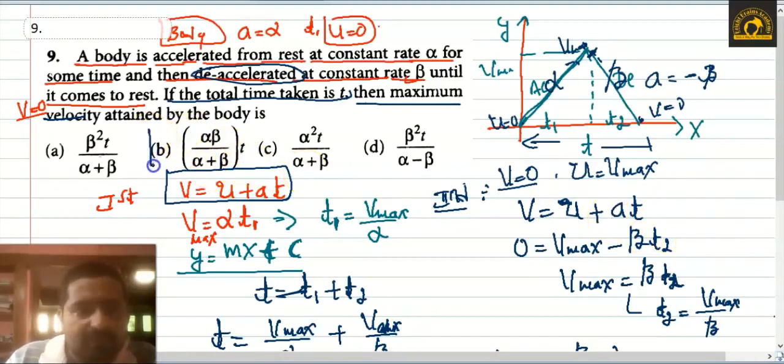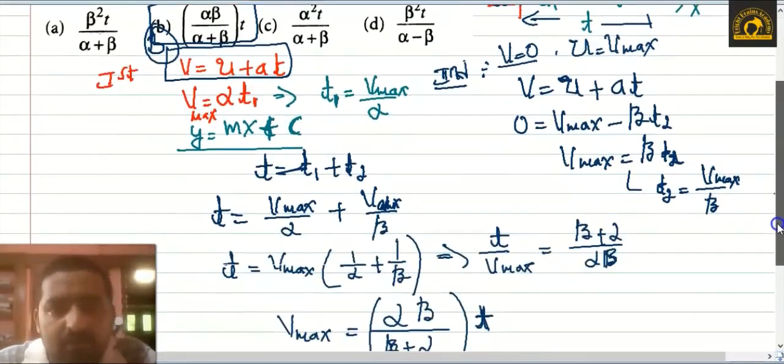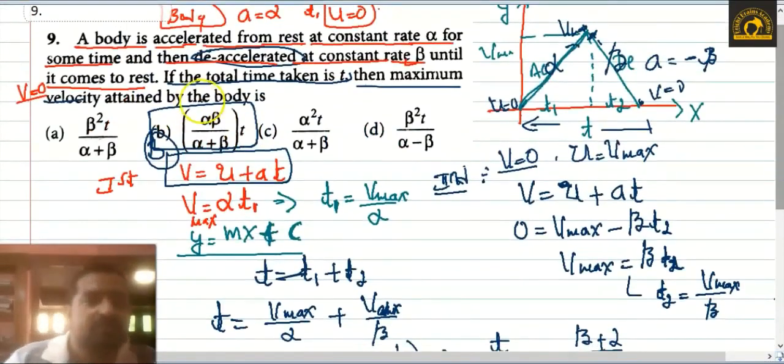That is option B. Option B is the correct answer for the 9th question.